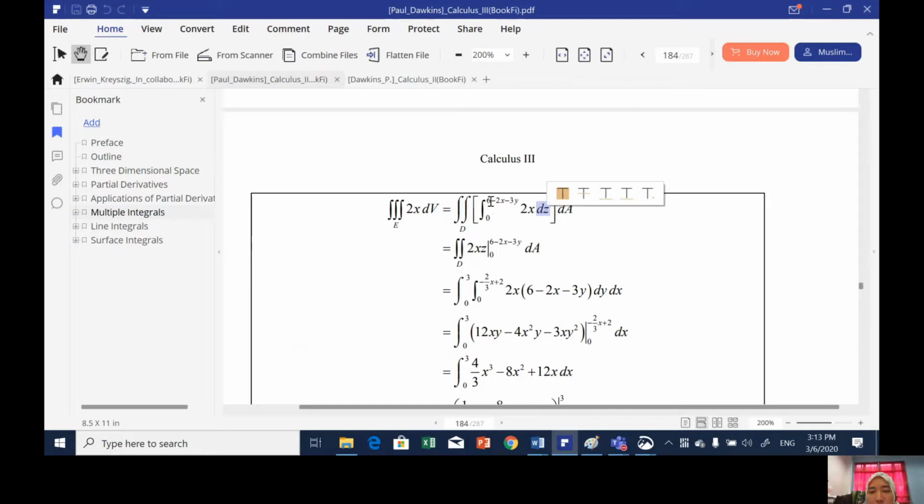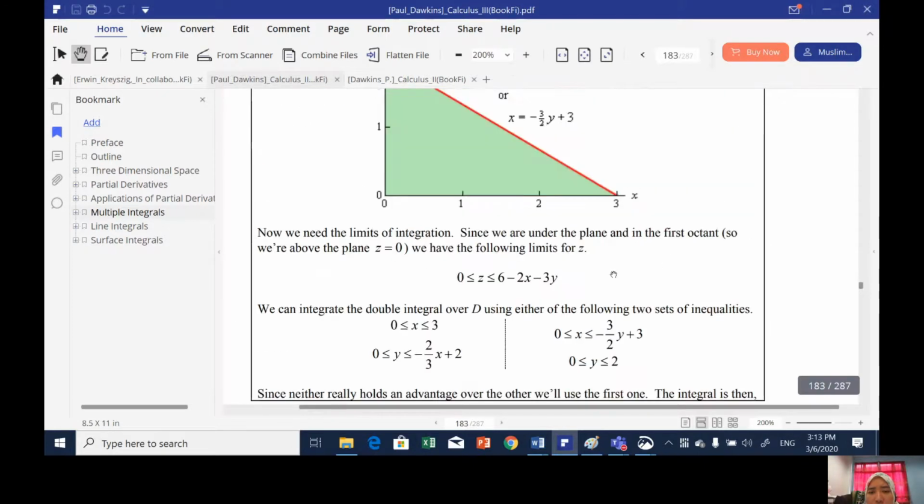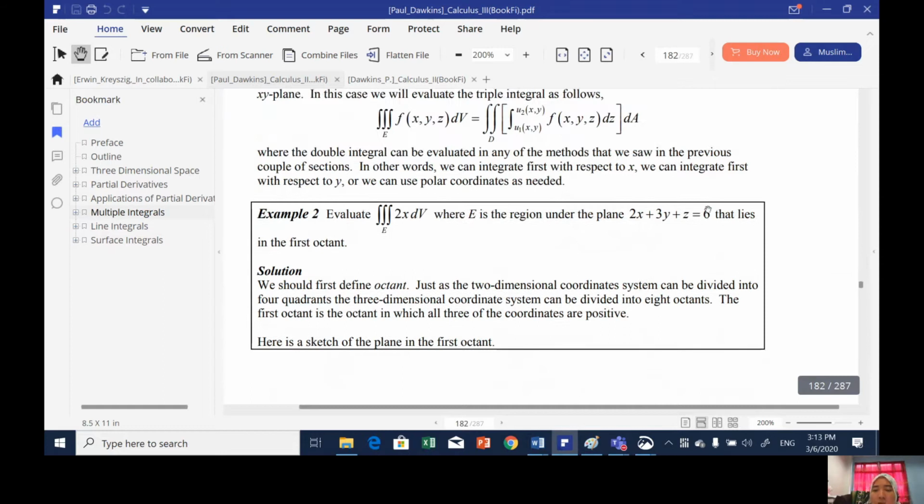Okay, so for dV, we find the z limit first. We get here from 0 to this equation. This is the transformation from our z equation, 6 minus 2x minus 3y. Here is the modification from this part, expressing z only.